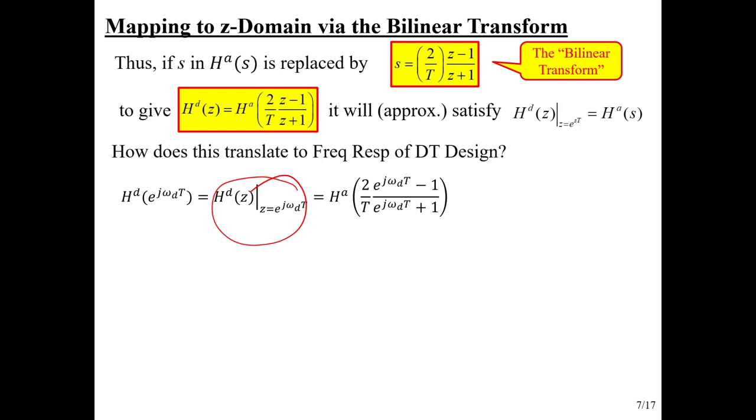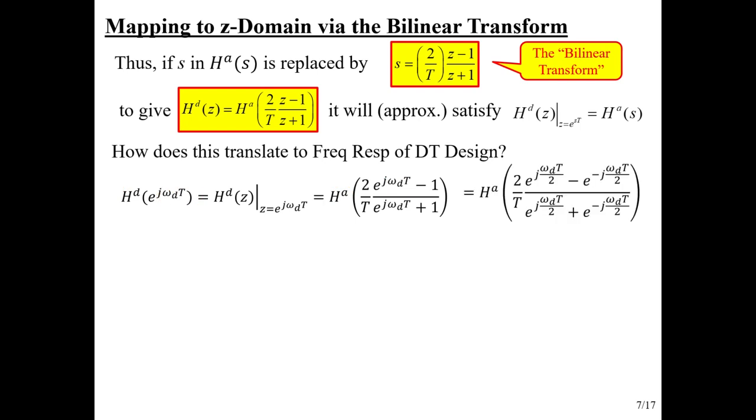And then using this idea, here's where the z's show up. We replace those z's by that. So now we have a way of linking this as a function of its frequency that it's going to be working on to that same frequency variable inside the function for our desired analog filter.